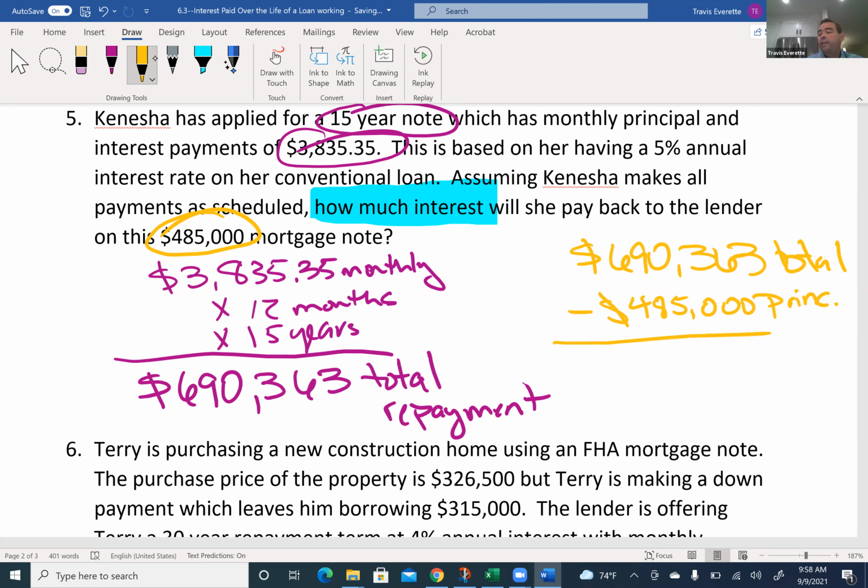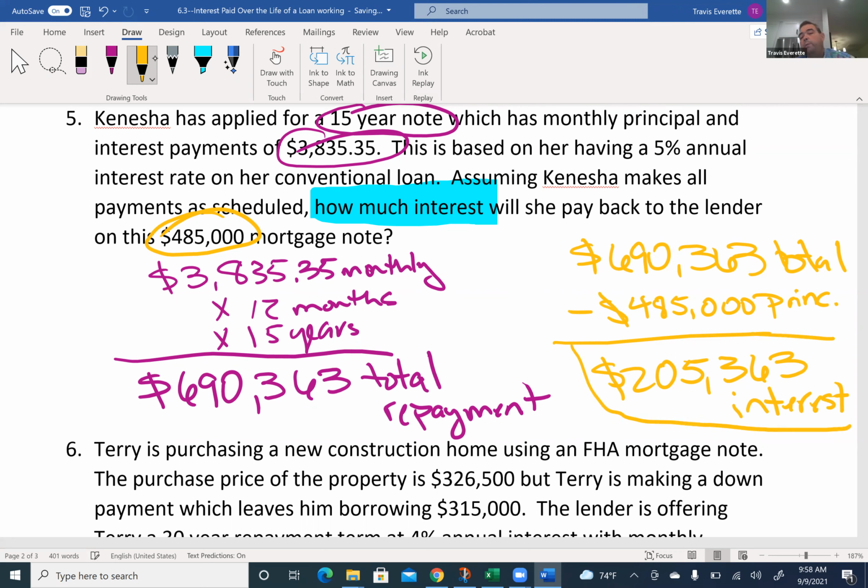Then we can subtract that out to get the interest. So minus $485,000. Kenesha is going to pay $205,363 in interest if she keeps that loan for the full 15 years and makes every payment as scheduled. $205,000 in interest. It's a lot of interest. Adds up.